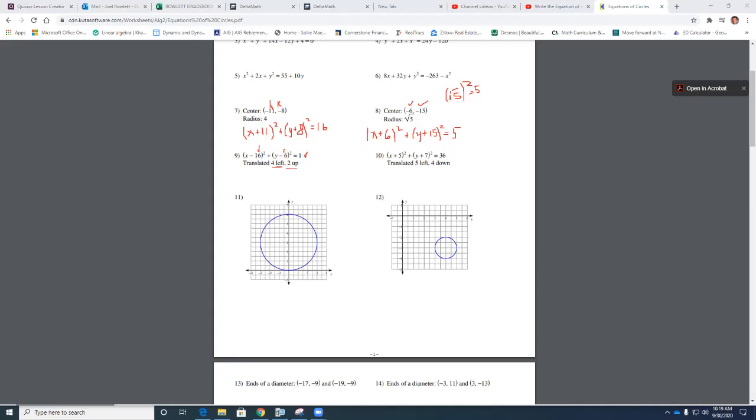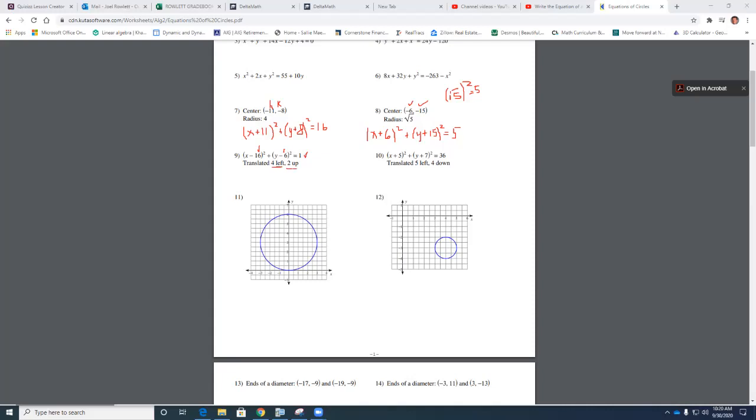Well, what happens if you take a graph and you slide it 4 units to the left? Well, if you move to the left, that means your x value is going to get smaller. And we know that the x value on the center is at 16. And if we move it 4 to the left, the center is going to end up at x is 12, right?